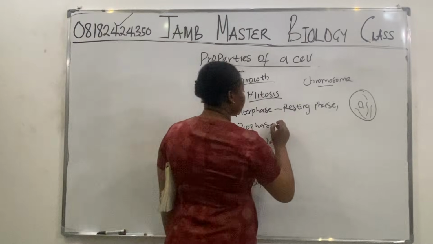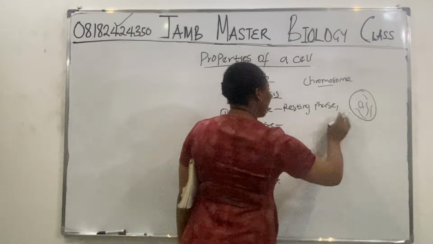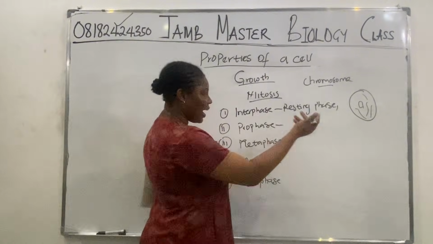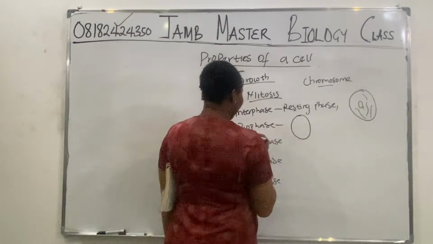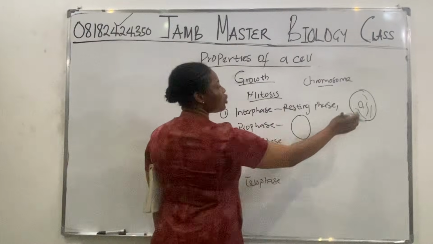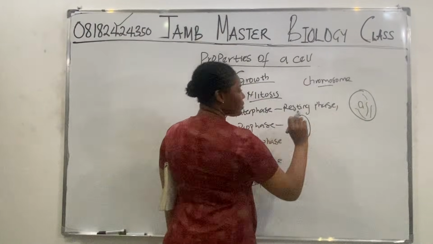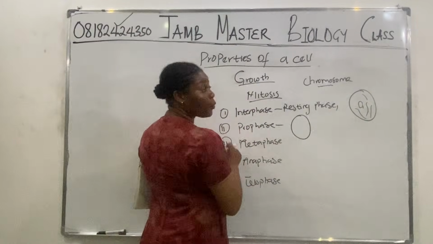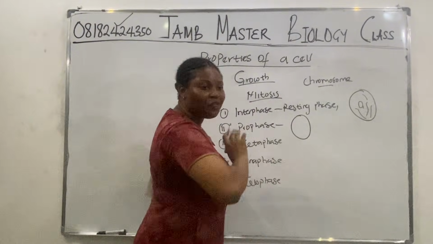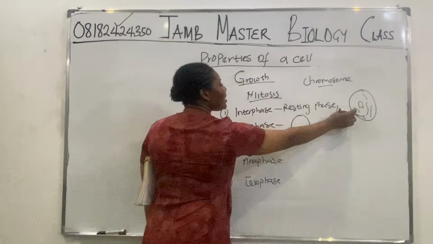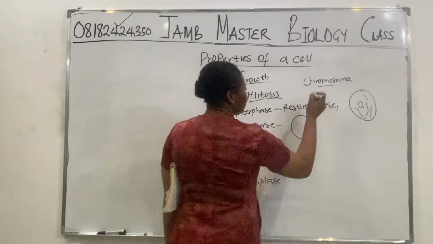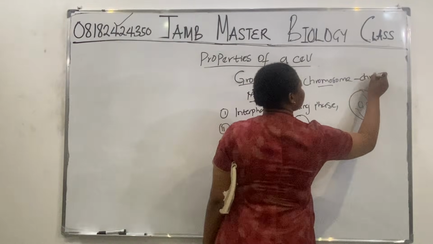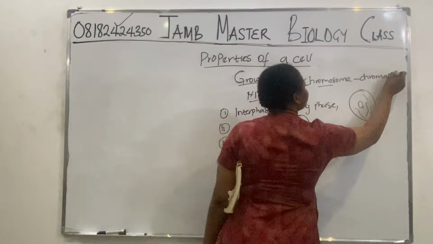Now in prophase, these chromosomes that are thread-like will become thicker. The nucleus will disappear. Note that in interphase, there is a nucleus and the chromosomes are like tiny threads. Now in the prophase, this nucleus will eventually disappear. These chromosomes, you can call them chromatids.